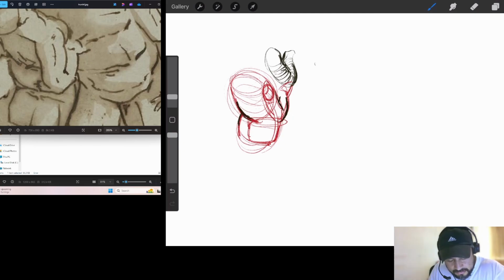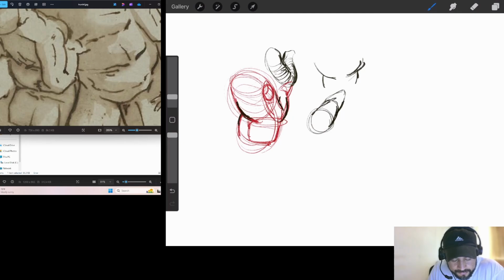These little T shapes, just to emphasize parts, structures, volumes that are in front of other volumes or behind. Here's a subtle one.